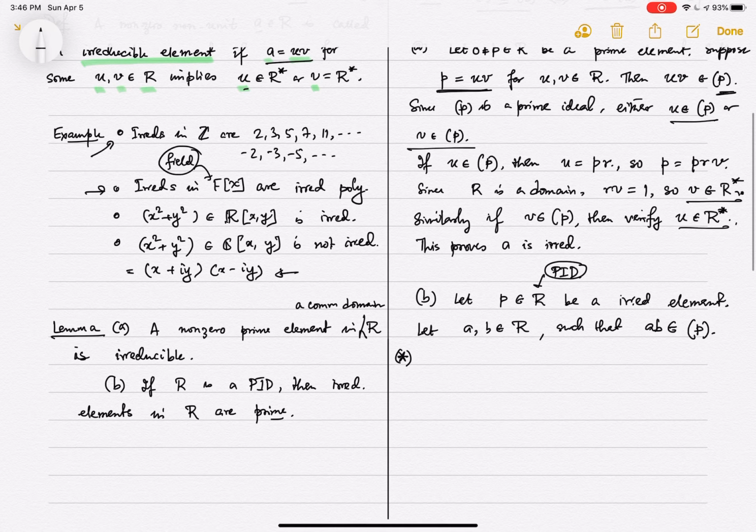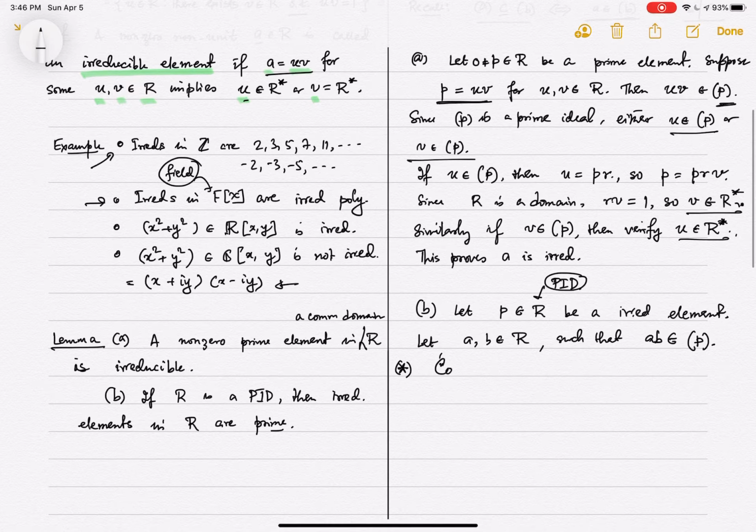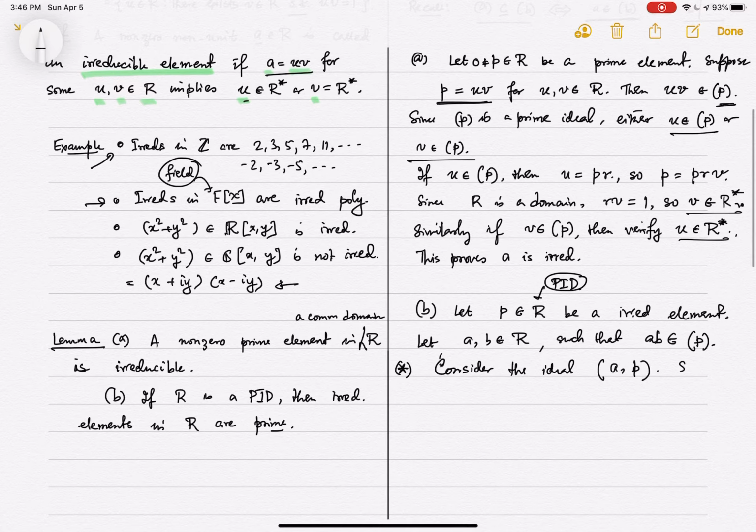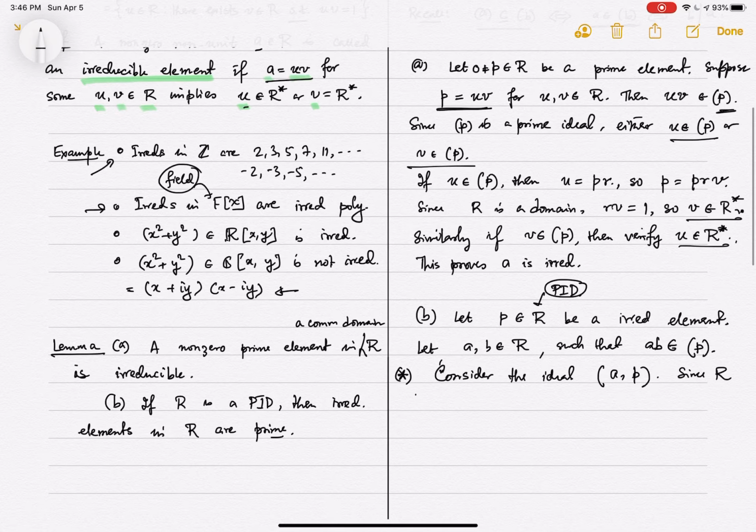So here's the main tricky step. The key step is to consider, and these consider sentences are always where you have to think, the ideal generated by one of these elements, A and P. Since R is a PID, what I get is that this ideal has a generator.